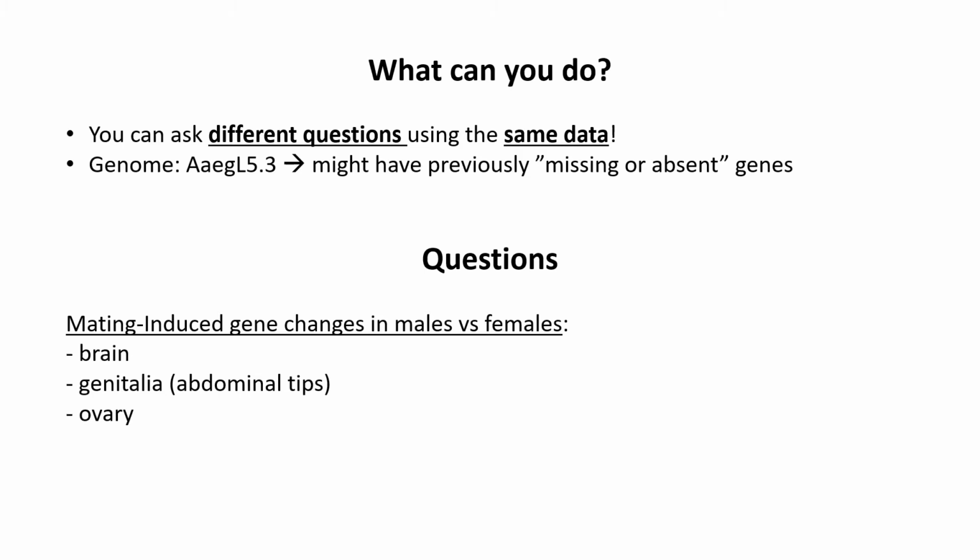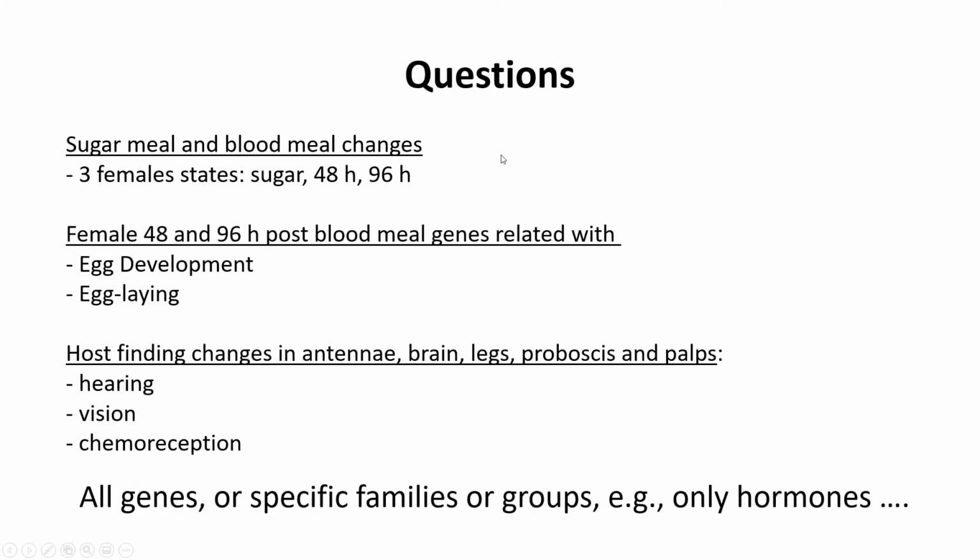What are the type of questions you can ask with our strategy system using this data set? Mating-induced changes in males versus female, and you can take the brain, the genitalia, or the ovaries from this study. You can compare sugar meal versus blood meal with the 3 different status of the females, or because the females had been given blood, you can study egg development or egg laying behaviors.